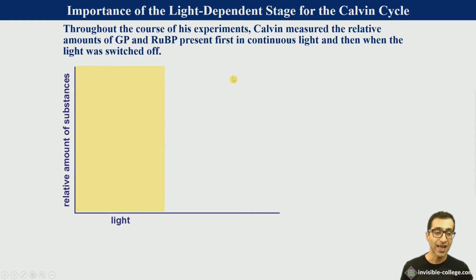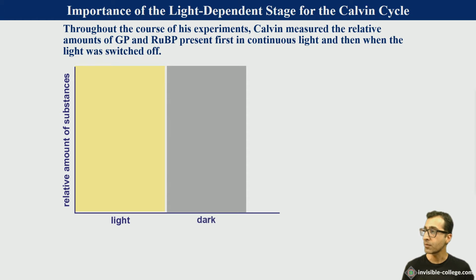Now, I'm not going to go into too much of the detail as to the background of Calvin's experiments, but you do need to understand some of the experimental basis for this, because I've seen a lot of exam questions both in recent years and previous years which will present you with this information, and examiners will typically do that. They will present you with information from an experimental context which you may be unfamiliar with, and they'll require you to apply your understanding to that unfamiliar context in order to interpret those experimental results.